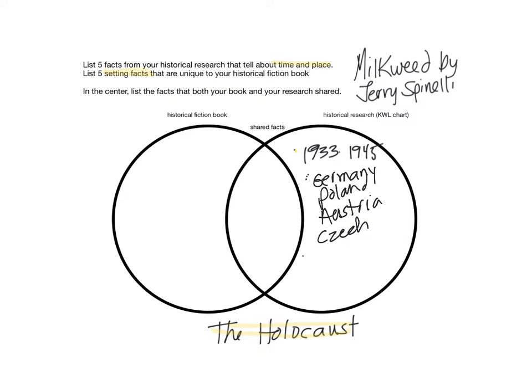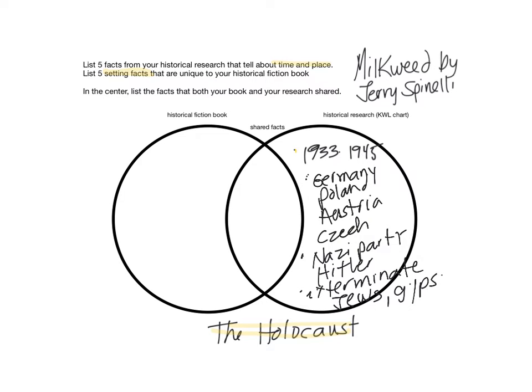Who was involved? It was the Nazi Party and Adolf Hitler, and their goal was to exterminate. And I'm going to go outside of my circle, but that's okay. Exterminate Jews, Gypsies, and what they considered undesirables.